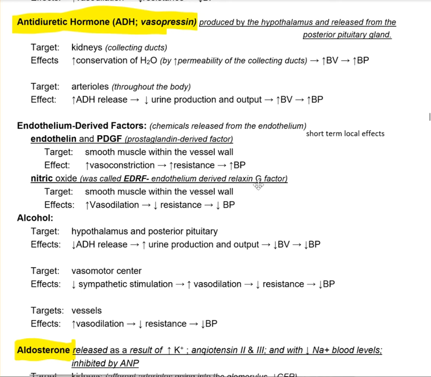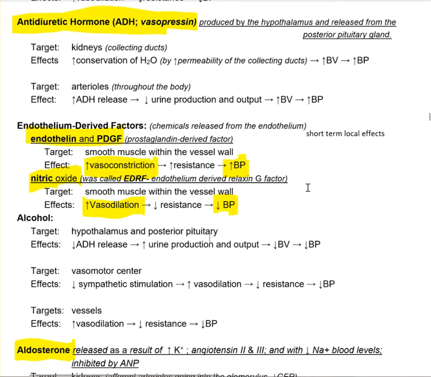Right. So there's one. The other one is nitric oxide, and this does the opposite. So if endothelin, we'll just underline the most important parts here, causes vasoconstriction locally, and we know that'll cause blood pressure to go up. Nitric oxide does the opposite. It targets the same smooth muscle, but it vasodilates, and that will then decrease resistance and then decrease blood pressure.